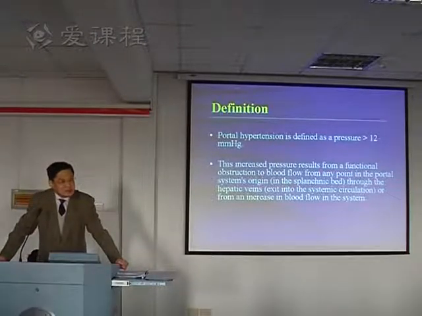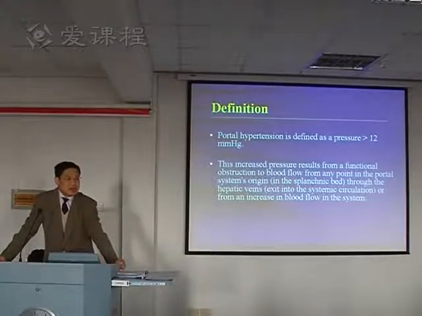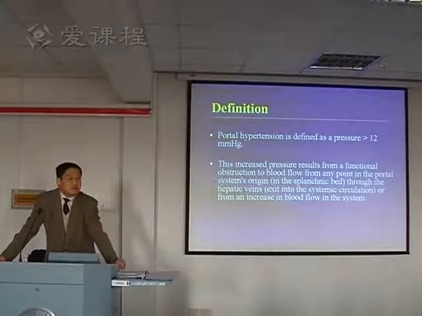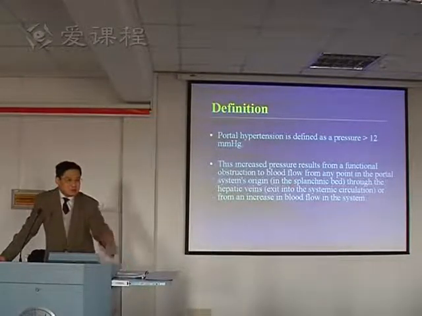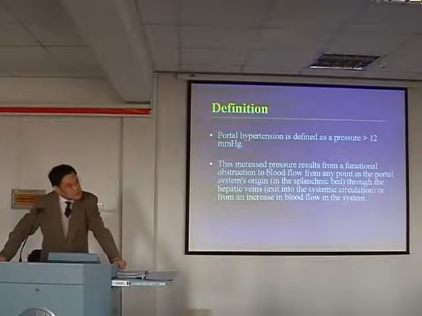Hepatitis B causes liver cirrhosis, and the framework of the lobule of the liver will collapse. So it will cause cirrhosis and cause portal hypertension.